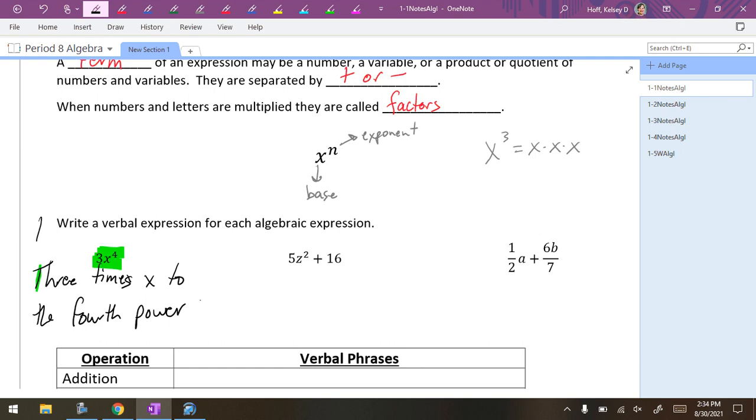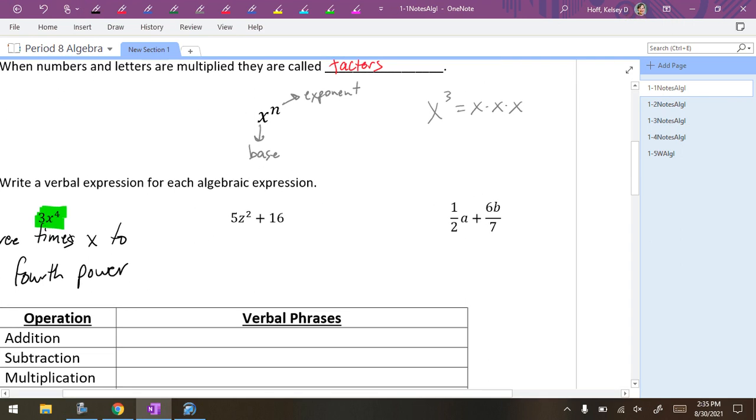Mason. 5 times z squared. Okay. 5 times z squared plus 16. I'm good with that. Do you have to use the word plus? No. You could say 5 times z squared added to 16. You could say 5 multiplied by z to the second power in addition to 16. Okay. How about the last one?